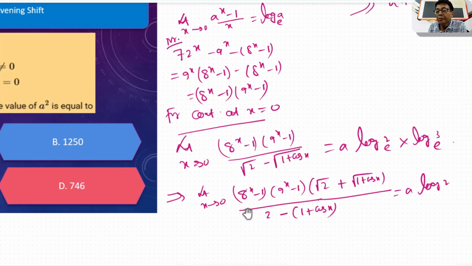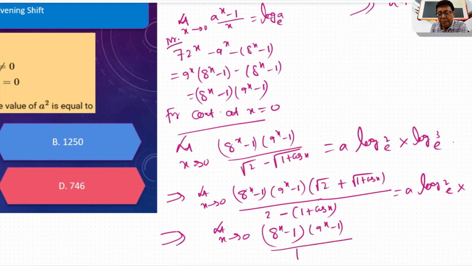A into log 2 log 3. This implies that into 9 to the power x minus 1. This one is alone now.